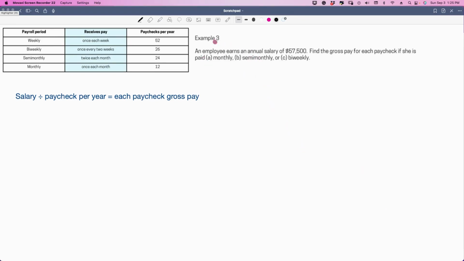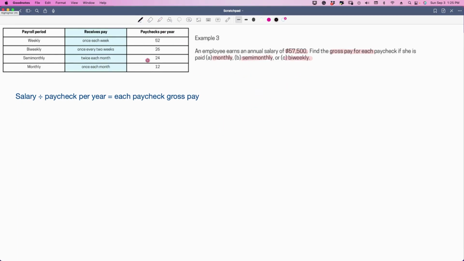So this salary employee earns $57,500 a year. So we need to find the gross pay for each check if she is paid monthly, semi-monthly, or bi-weekly.